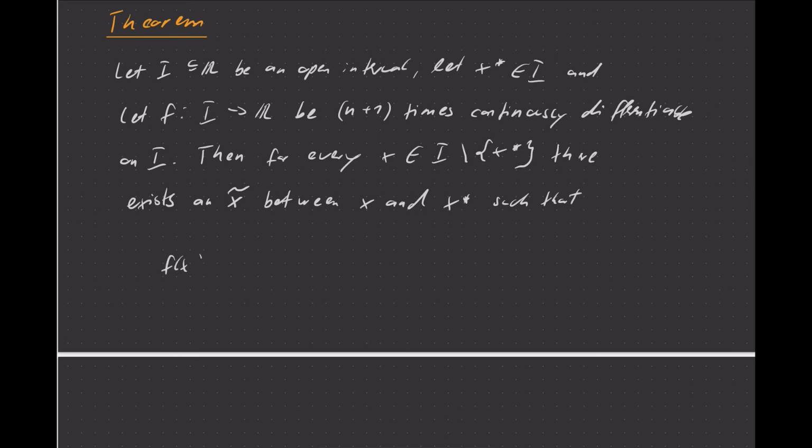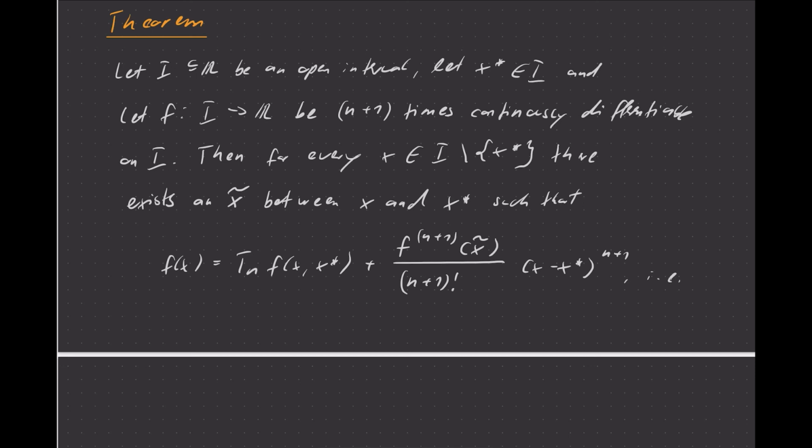f of x is equal to the Taylor polynomial TNF of x and x star, plus, and here's the approximation error, f n plus 1 at x tilde divided by n plus 1 factorial times x minus x star to the power of n plus 1.